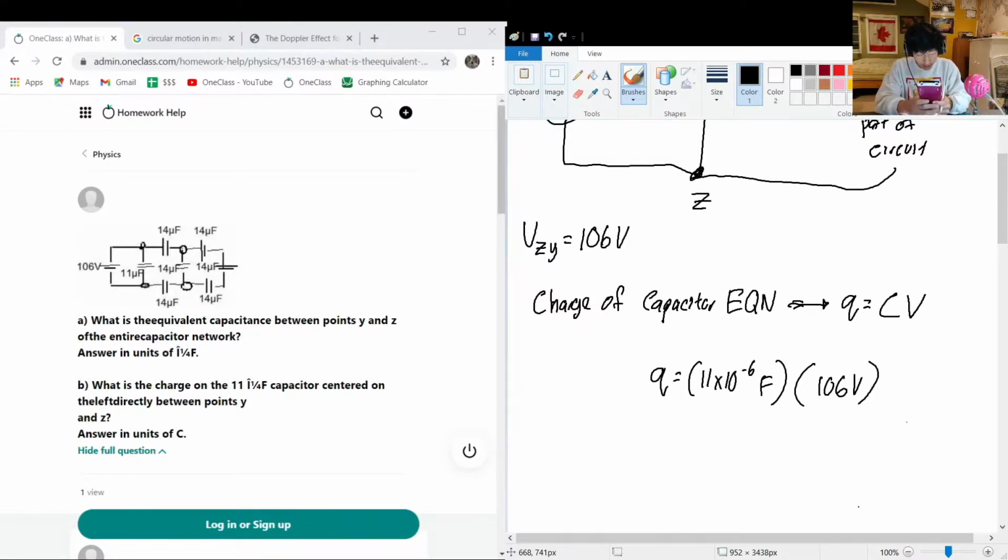11 times 10 to the power of negative 6. Multiply that whole thing by 106. And we get our charge is equal to 0.00117 coulombs.